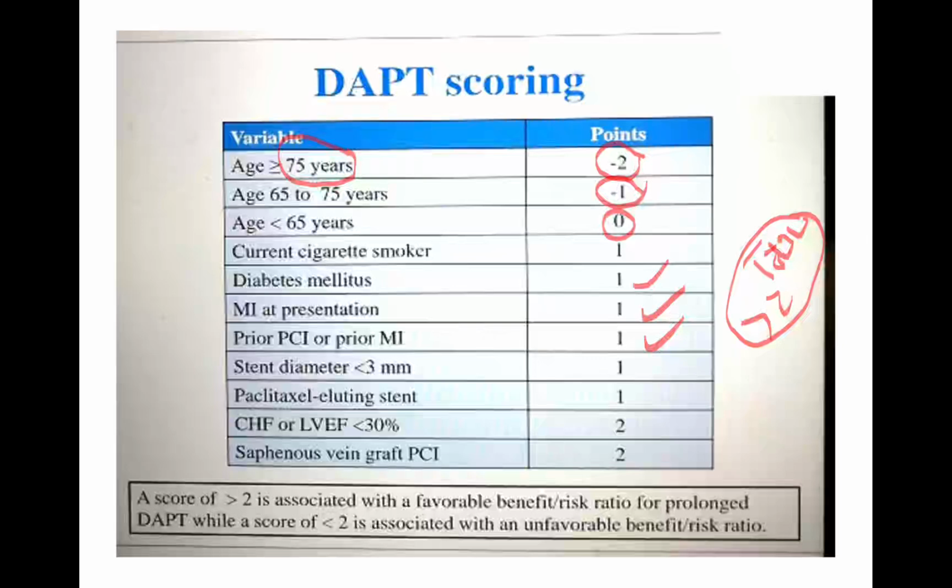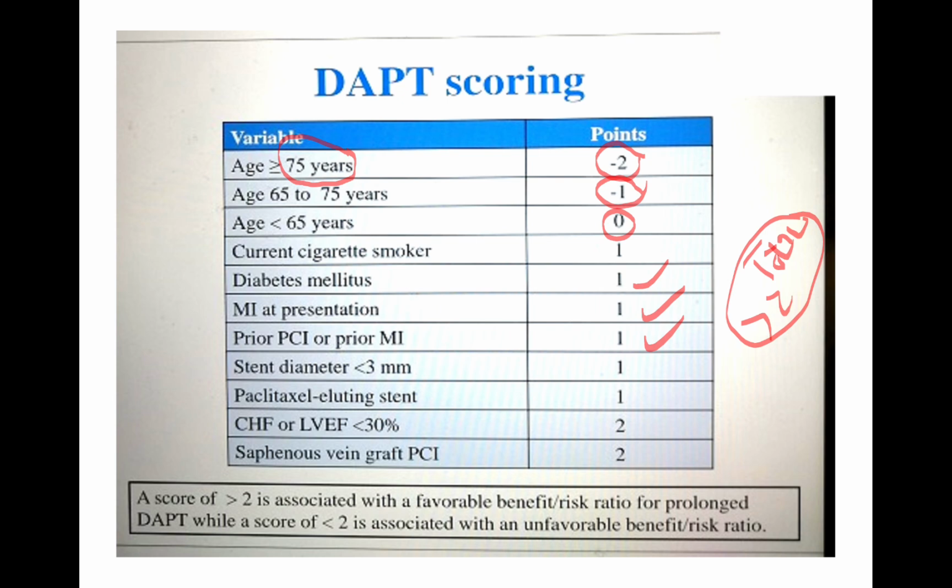If less than 2, it's not advisable to continue it, you have to stop it. Simply, if it's more than 2, continue with antiplatelets. If less than 2, you can stop it.